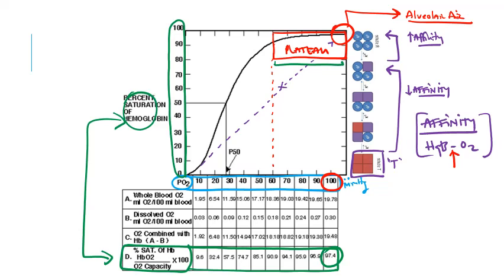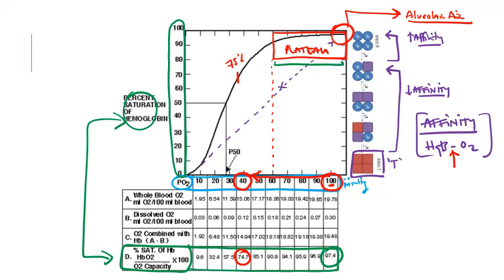So in this area, it takes a lot of oxygen after 60 millimeters of mercury to maximize hemoglobin saturation. So let's move down to 40 millimeters of mercury, which is a long way away from 100. At 40 millimeters of mercury, hemoglobin is saturated to about 75%.